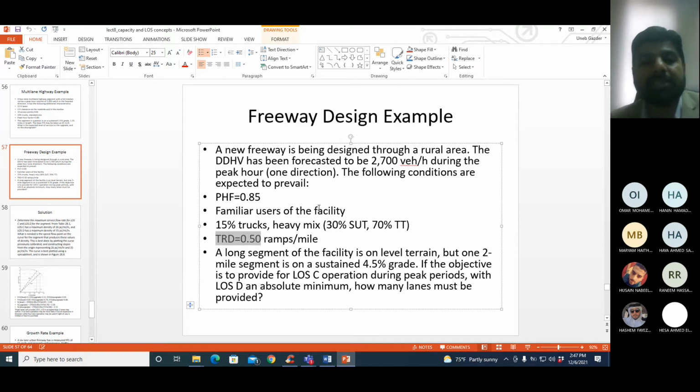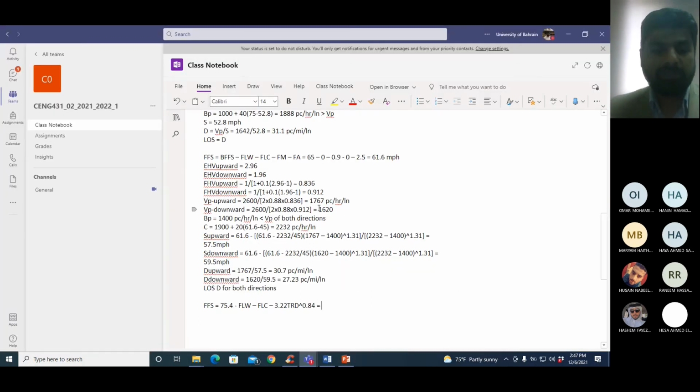So both these factors will become 0. So it will be 75.4 minus 0 if you take the standard value of lane width, and minus 0 again if you take the standard value of lateral clearance. And TRD is already given.